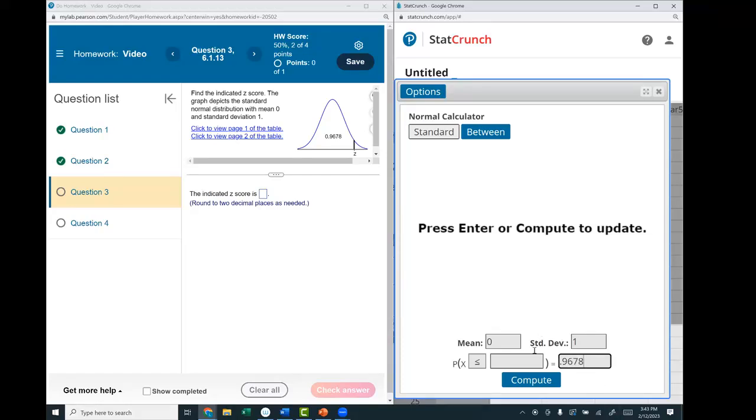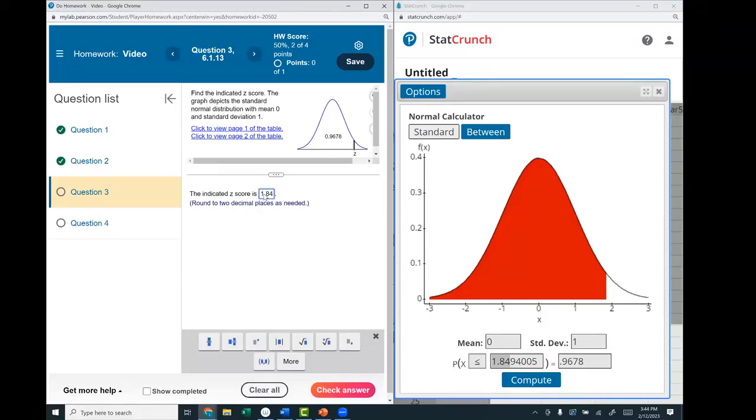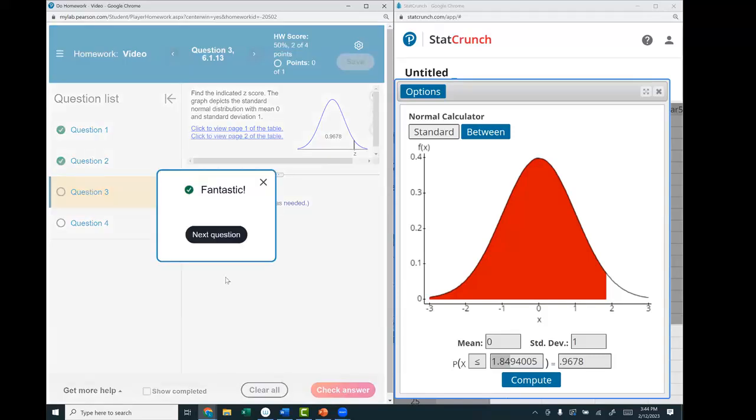And I want it to the left because that's going to give me my Z-score. I hit compute and my Z-score to 2 decimal places would be 1.8. The next number is 9, so it's going to round up. So this is going to be 1.85.